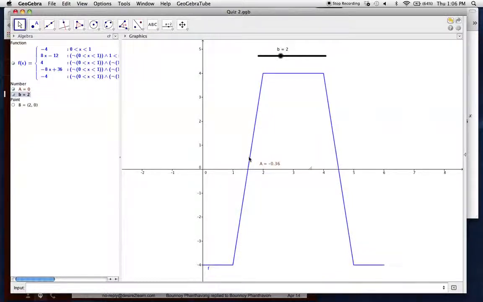If b equals 2, then the total accumulated area is 0. But we can do better than that. We can get a smaller value than 0. Consider what happens if we start accumulating backwards area.